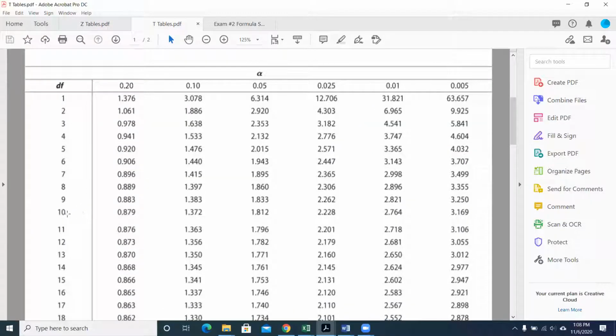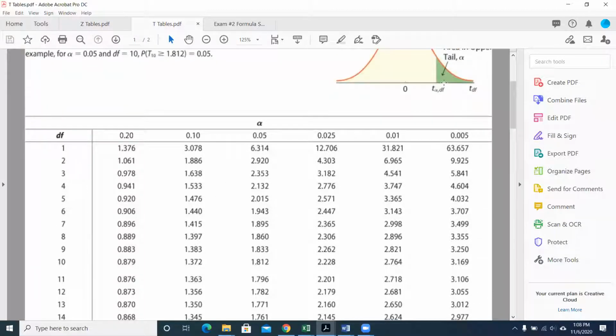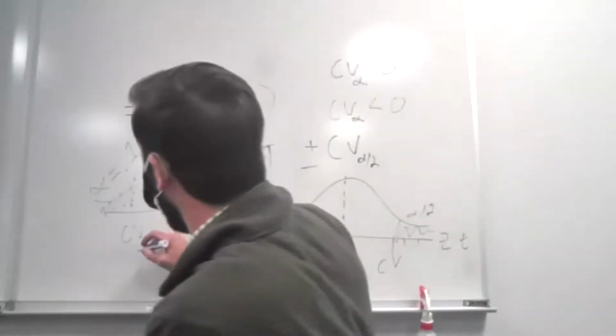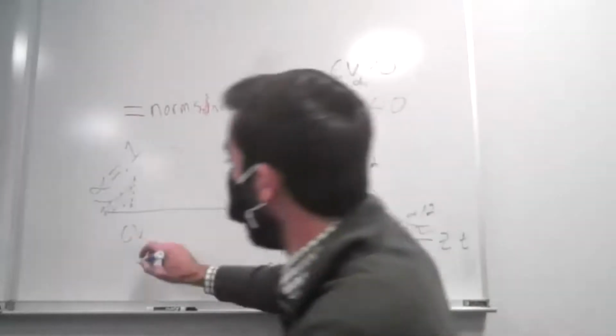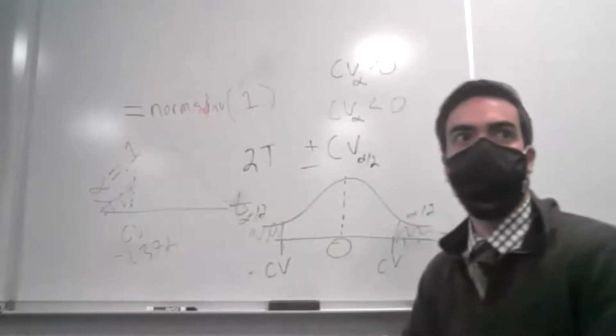So let's say it was 10. 1.372 would give me 0.1 in the upper right tail, which means negative 1.372 would give me 0.1 in that lower left tail. So for a student t distribution example, the critical value was 1.372.